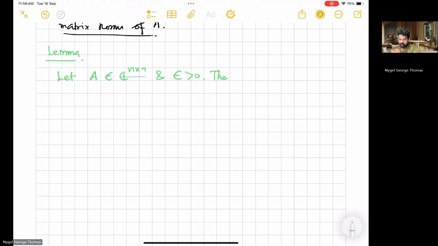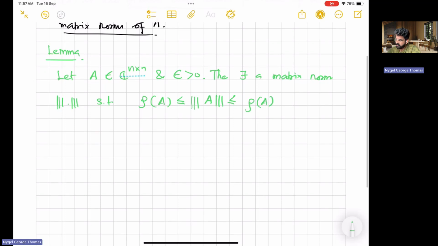Then there exists a matrix norm given by this function such that, if you find the spectral norm of A, this matrix norm will be sandwiched between the spectral radius of A and the spectral radius of A plus epsilon, an arbitrary small quantity. So this is the tightest, the largest lower bound which you can find. Okay, this is what we have to prove.